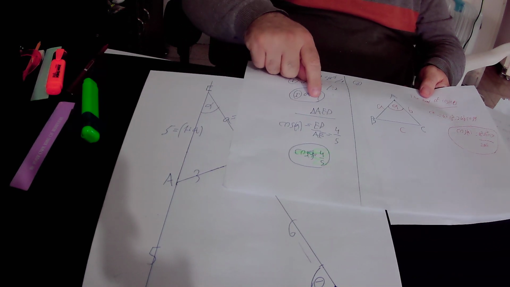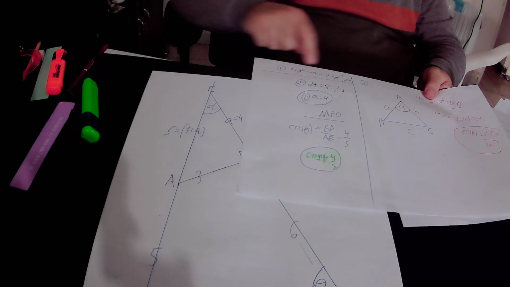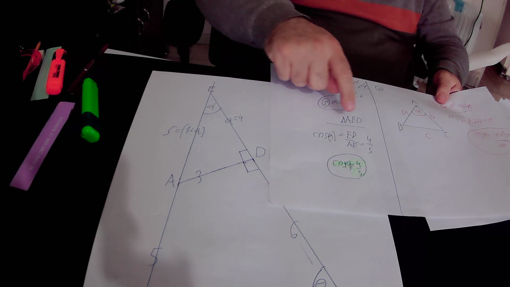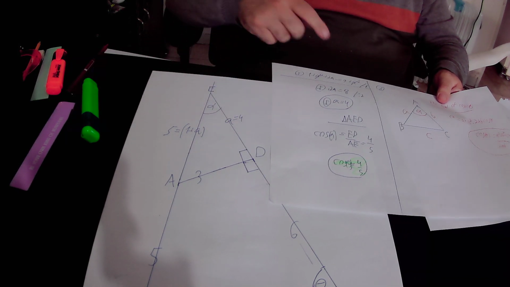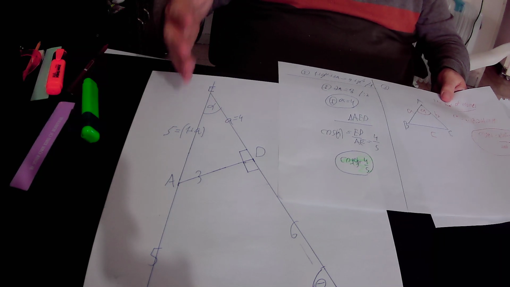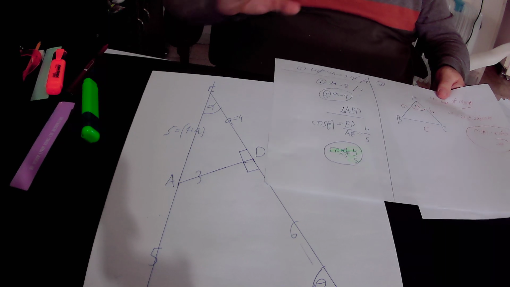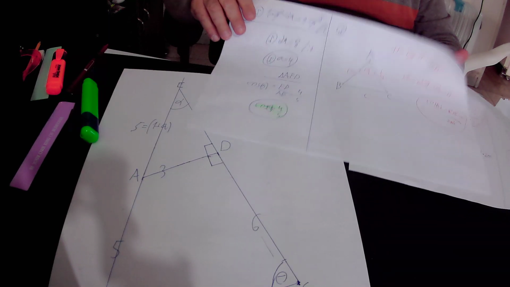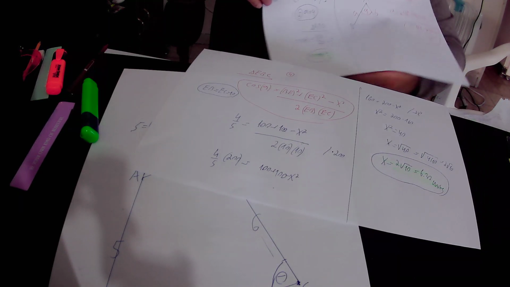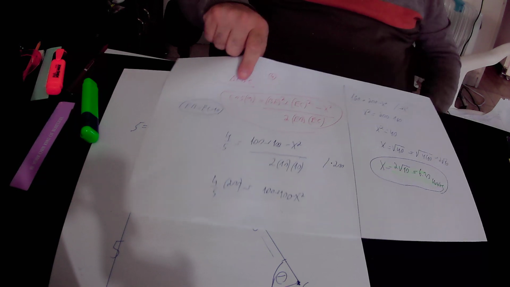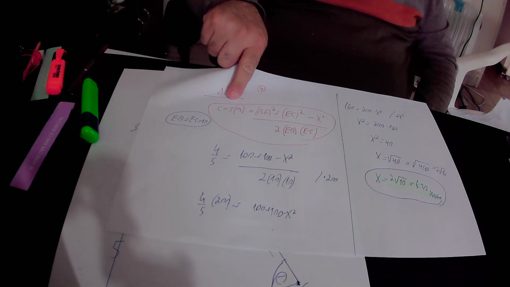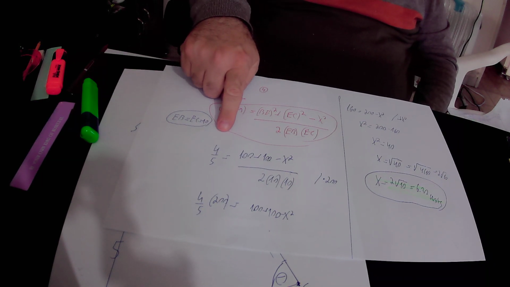Cosine alpha equals ED over AE. ED equals 4, AE equals 5. So in conclusion, we found out that cosine alpha in this triangle equals 4 over 5. Cosine alpha equals 4 over 5, so we can substitute cosine alpha here by 4 over 5. We did it and we got this equation. Okay?